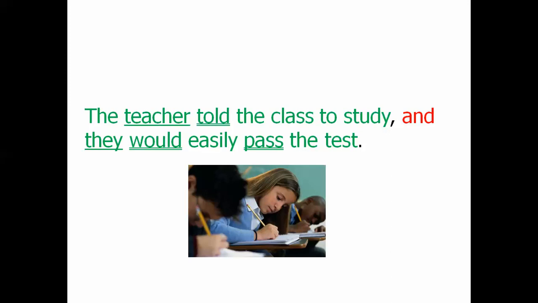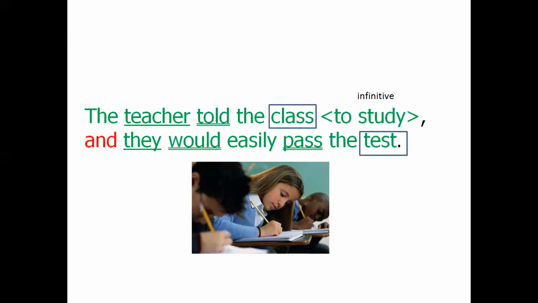Remember that a clause must have a subject and a verb. So there's a subject and a verb in this independent clause, and there's one in this independent clause. But there's not a third set of subjects and verbs. So we know that this is not a complex sentence. We have determined that this is a compound sentence.